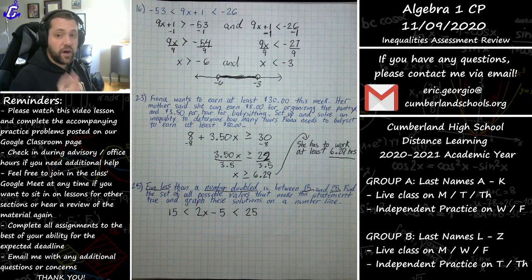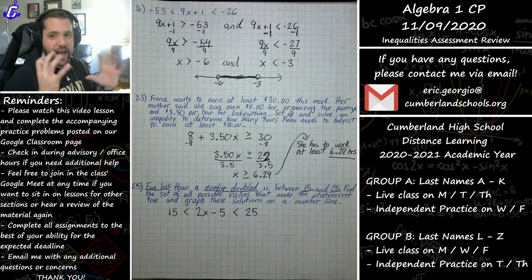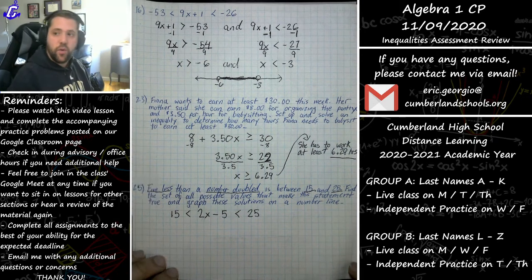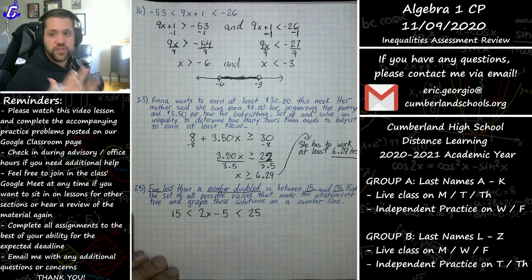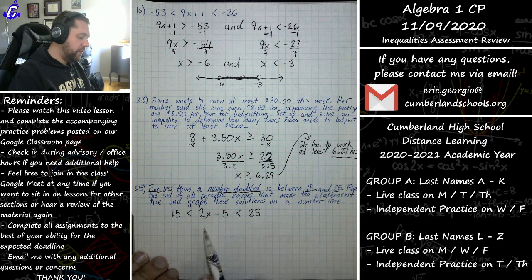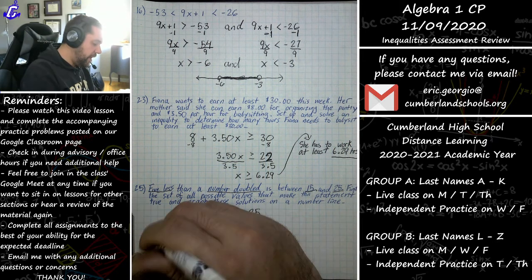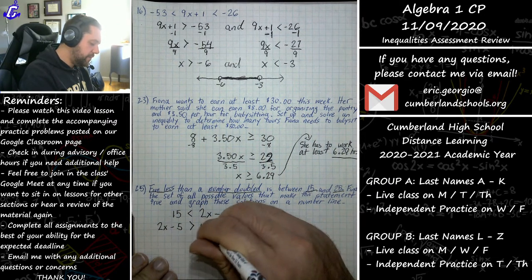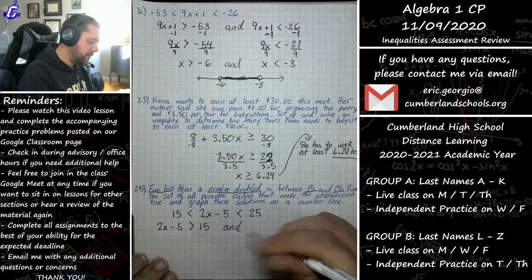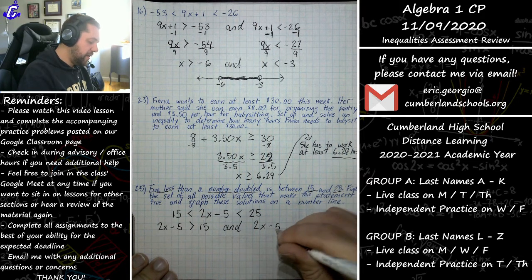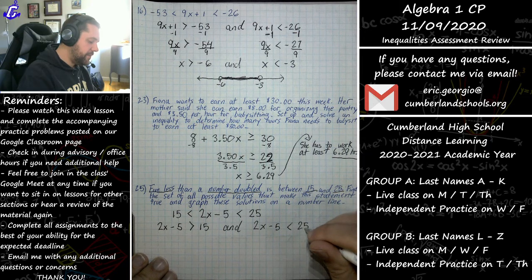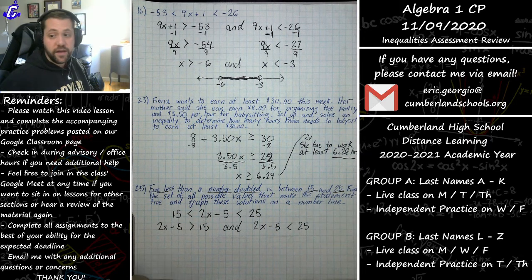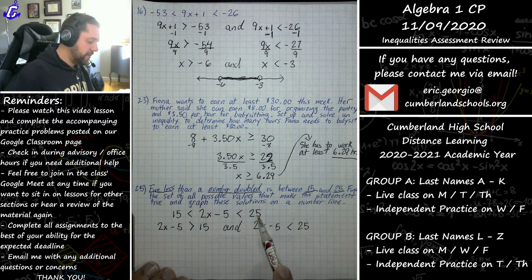If you do not feel comfortable writing that sort of hybrid compound notation, what you could write instead is you could break it down in your head and say, well, if 2x minus 5 is between 15 and 25, then 2x minus 5 has to be greater than 15, and at the same time, 2x minus 5 has to be less than 25. Right? Because it's between those. So because it's between those, it has to be greater than this and less than this.